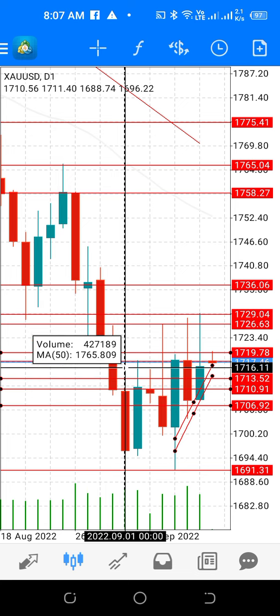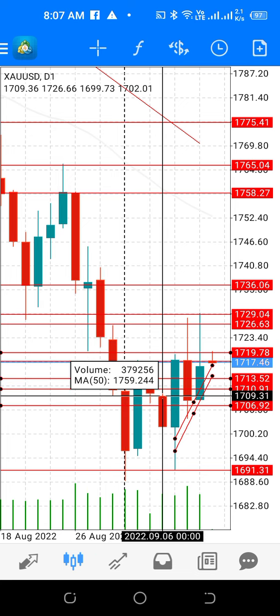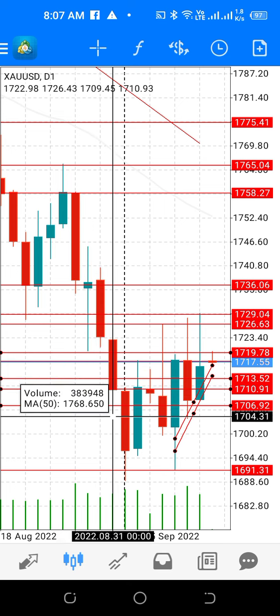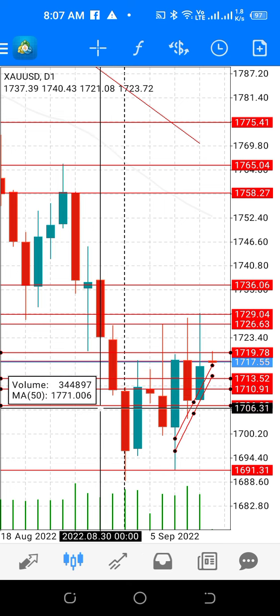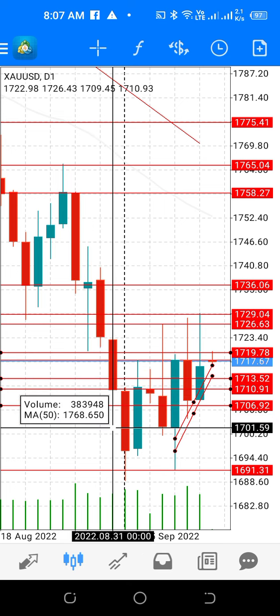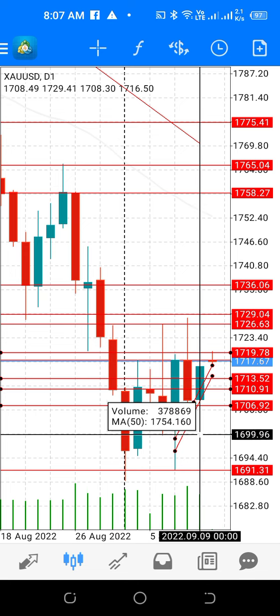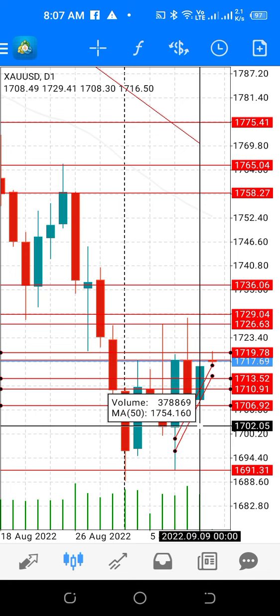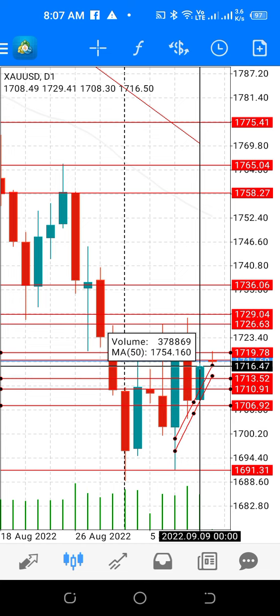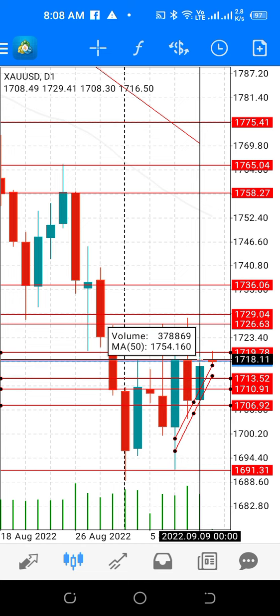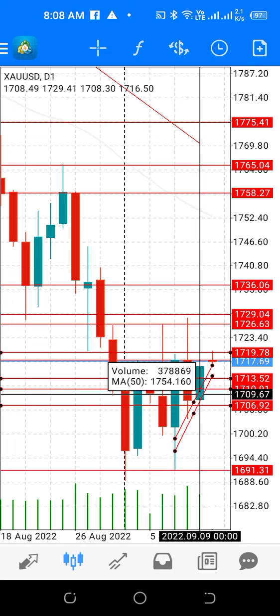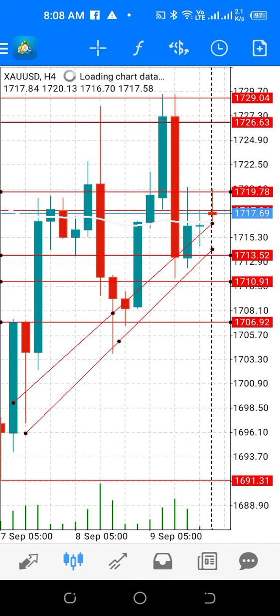The sellers are still dominant for the next 24 hours. So you have to be watchful for this one. Last week the market closed bullish, and upon opening there's some bullishness, but again the prices tend to move downward.